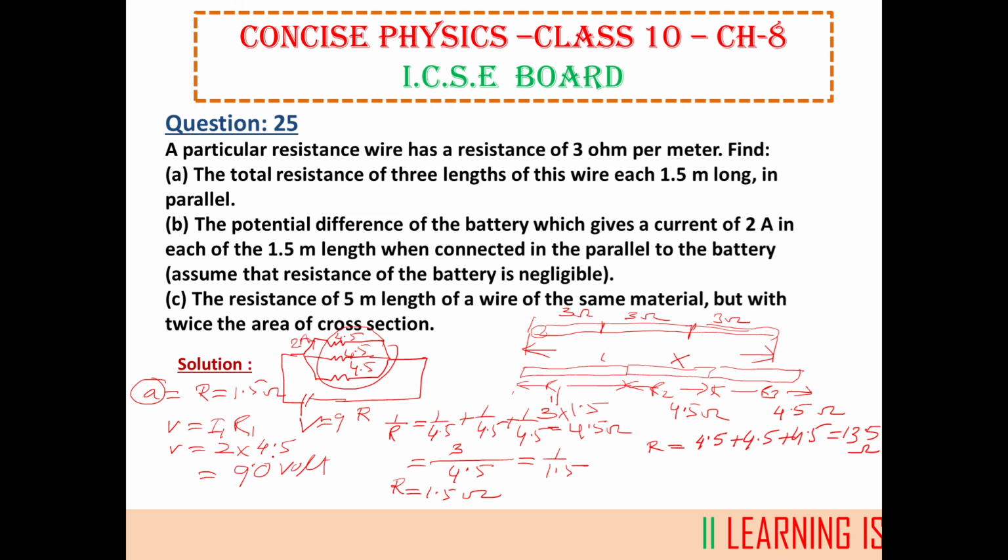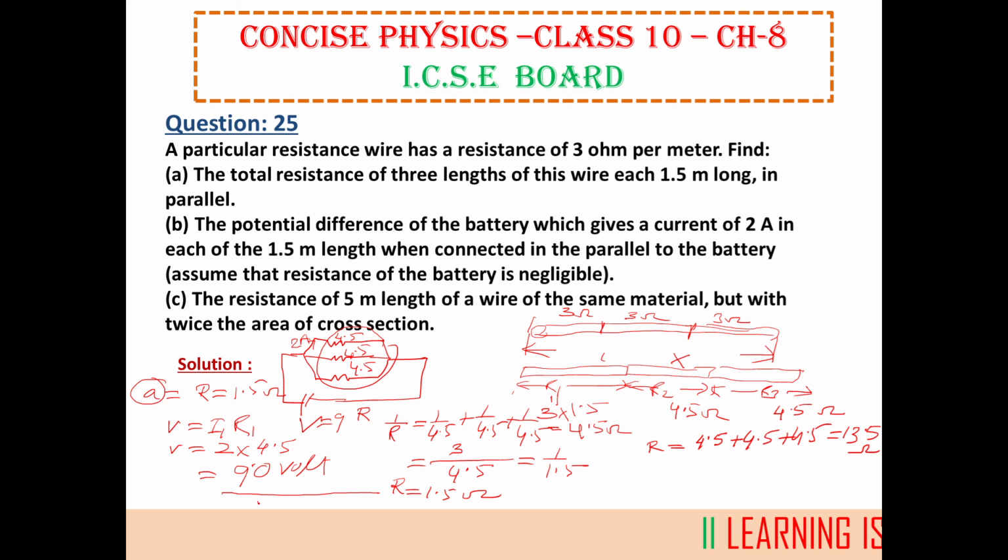Now question number C. The resistance of 5 meter length of a wire of the same material but with twice the area of cross section. Now if the length is 5 meter long, we know that the resistance per meter is given 3 ohm.